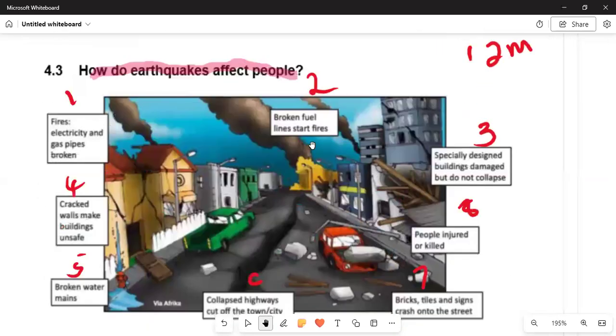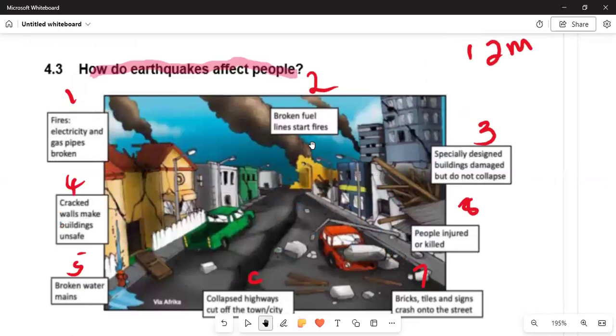Here we need to understand how earthquakes affect people. Number 1, fires, electricity and gas lines can be broken. Number 2, broken fuel starts a fire at the fuel station. Number 3, specially designed buildings are damaged but do not collapse. Number 4, people are injured or killed.